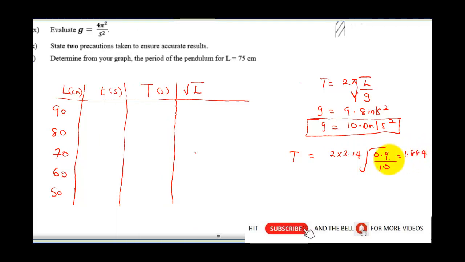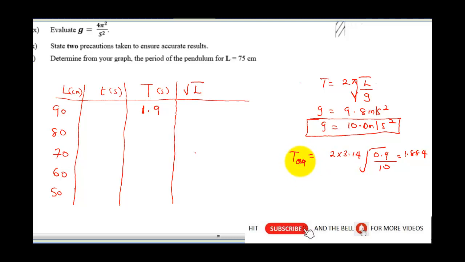Now, I want you to know something: in recording your time, record it to 1 decimal place, because that's the best your stopwatch can do. So this is going to be 1.9. This is for T at 90, or you can call it T at 0.9.